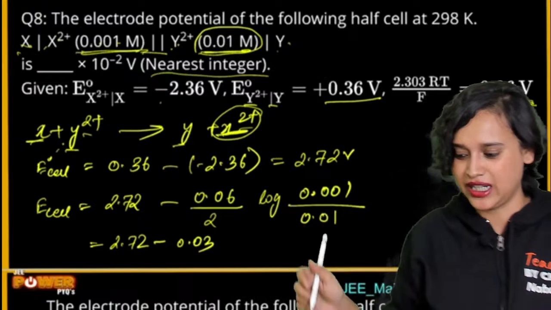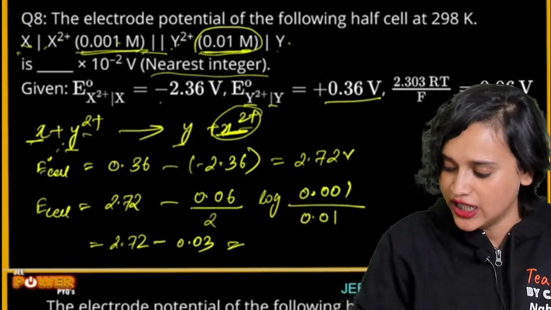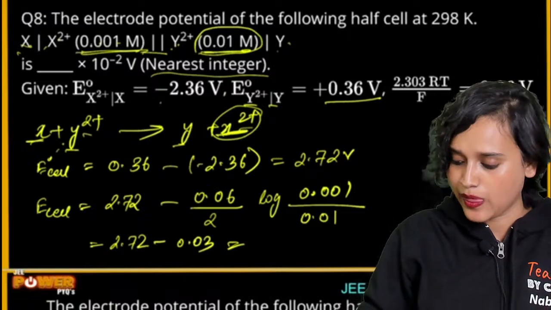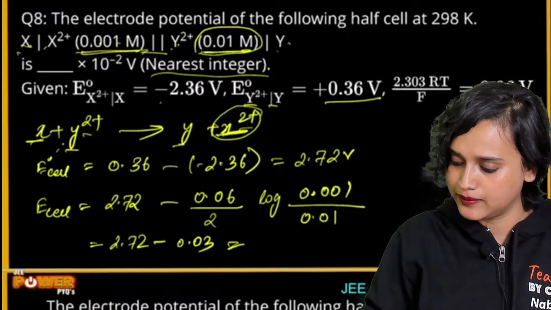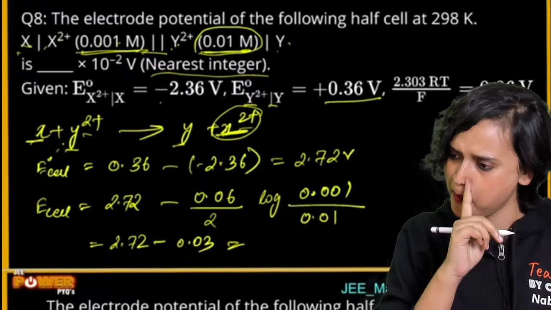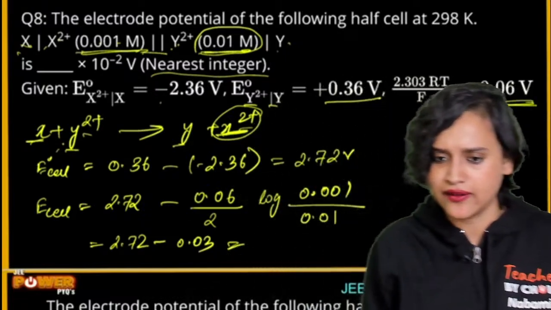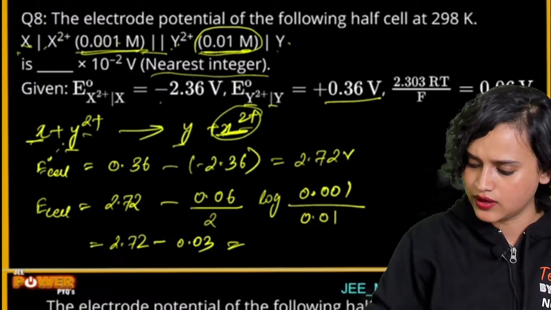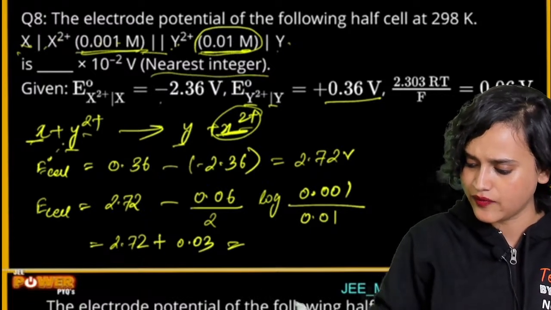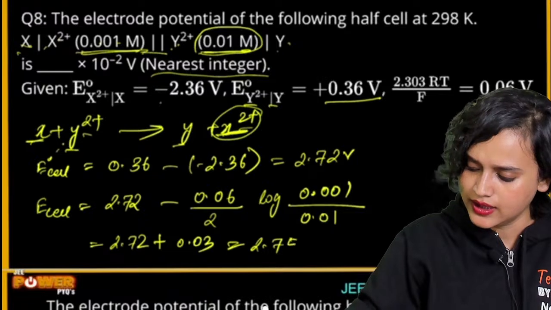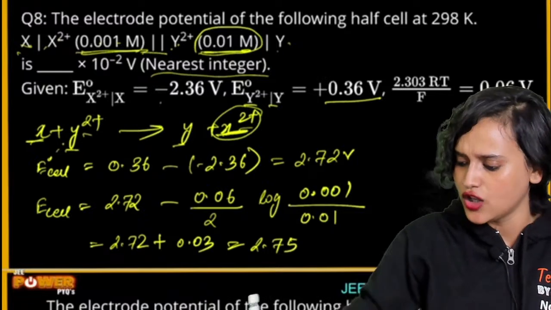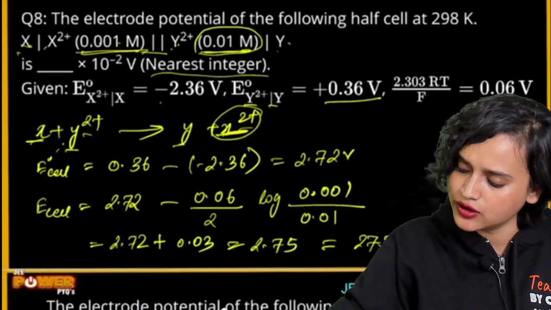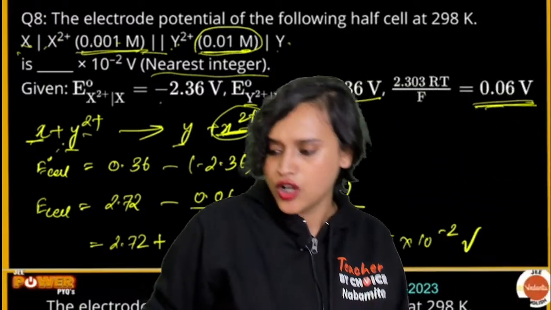So 2.72 minus 0.03, or 2.75. This will be plus. It will be 2.75. So 275 into 10 to the power minus 2 volt.